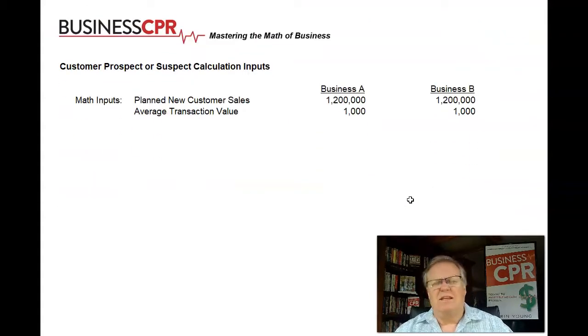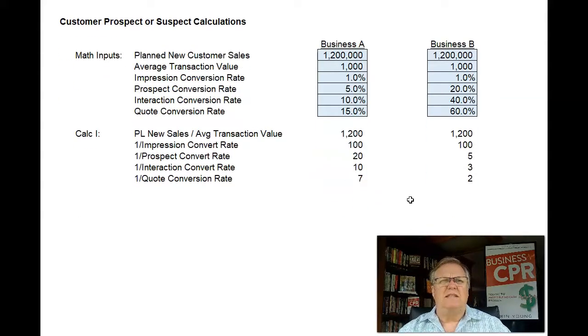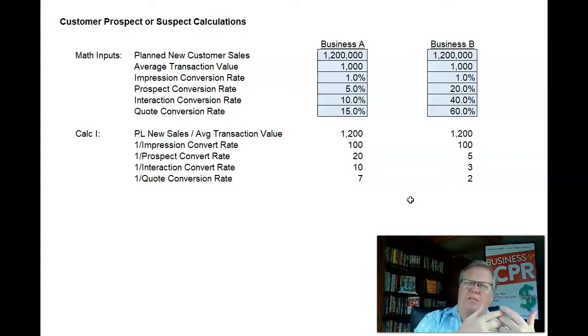The key you need to know, in other words, the first thing you need to know is what's your average transaction value. So there's only two numbers that jumpstart this calculation. There are no additional factors, nothing else you have to chase down, but you do need to know what your conversion rates are, for an impression to a prospect.